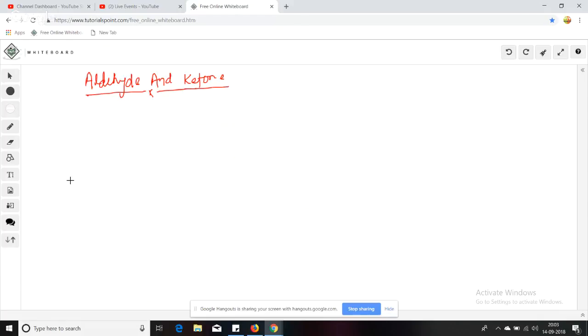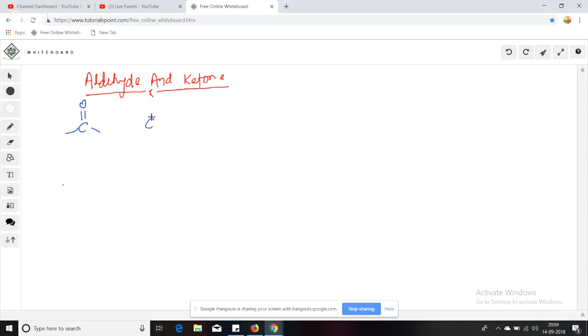Carbonyl compounds are generally those compounds which contain the C double bond O group. Suppose I write this compound as C double bond O. Whenever we have this group present, it comes under carbonyl compounds.